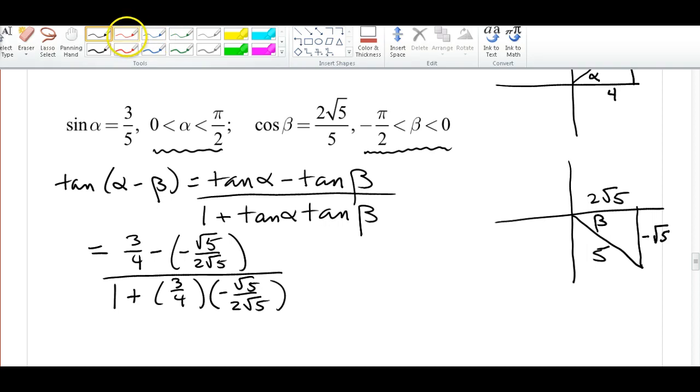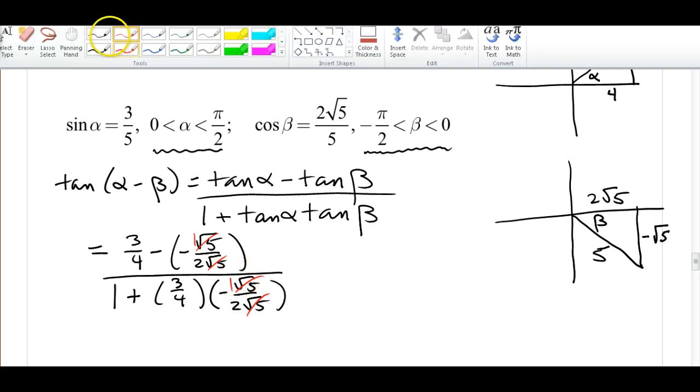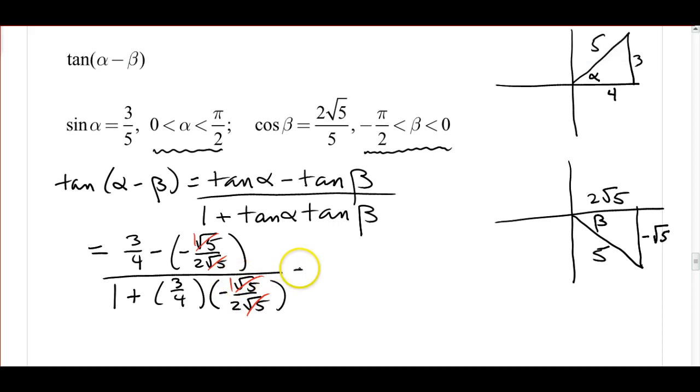So a little bit of simplifying here. These root 5s are going to cancel, so that's just going to be -1/2 and -1/2 down there. So I've got 3/4 plus 1/2 over 1 plus, so that's 3/4 times -1/2, so that's going to be -3/8.